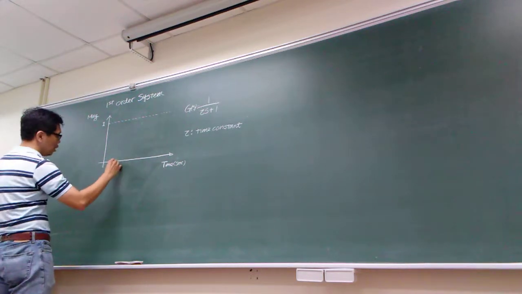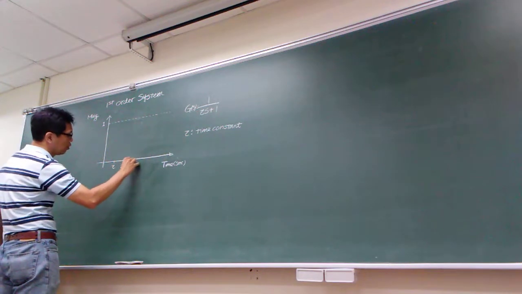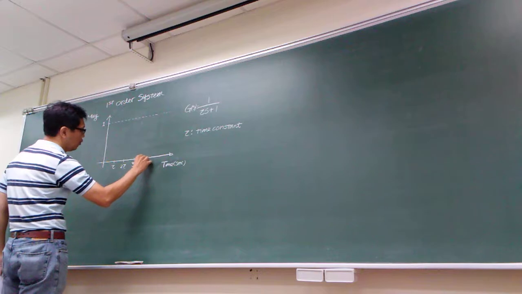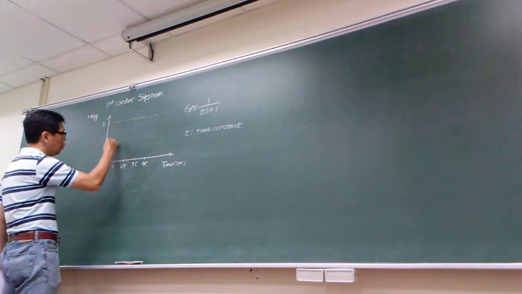So if you draw a line, tau, 2 tau, 3 tau, 4 tau. What are we going to have over here?